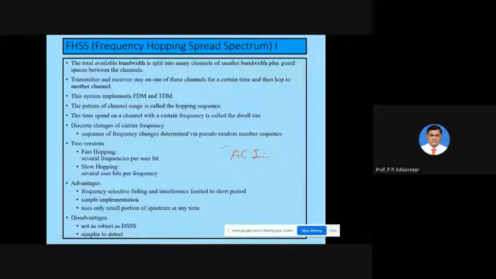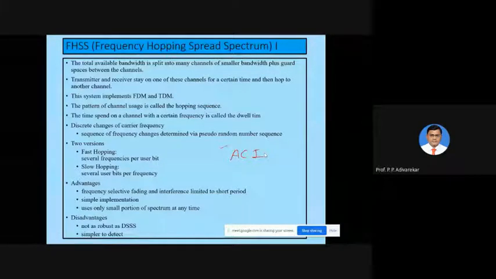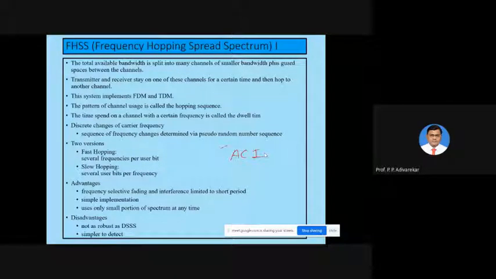So remember here we have divided the entire bandwidth into small channels. When we transmit the user data, the user bit will remain on one of these small channels for a certain period of time, then it will jump to another small channel for another period of time, and so on.